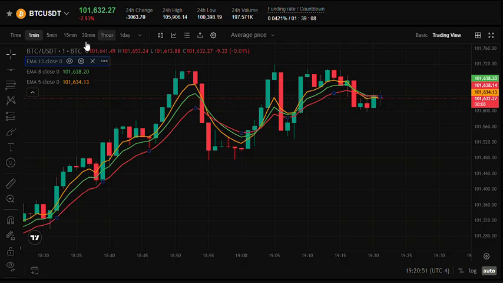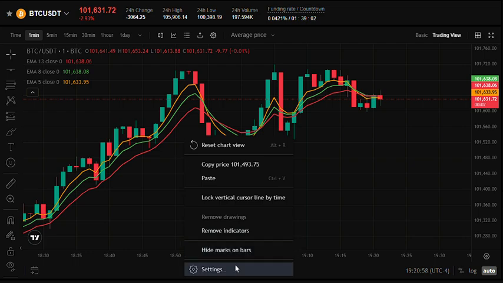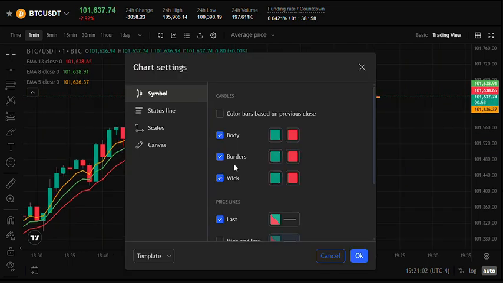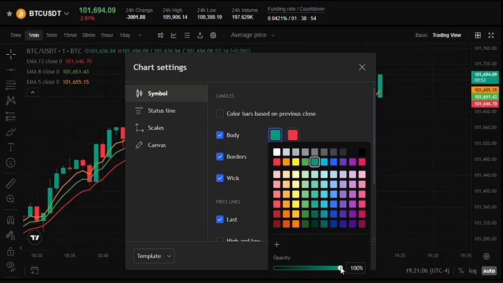To help us do this a little bit more, I also like to go up here and right click on here, and we are going to go to settings. And then for body color, we click this and we lower opacity. I generally like to take it down to like the 60s, right?